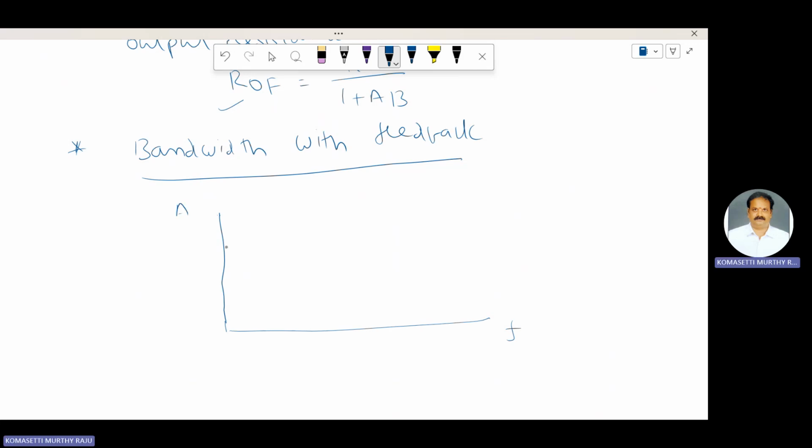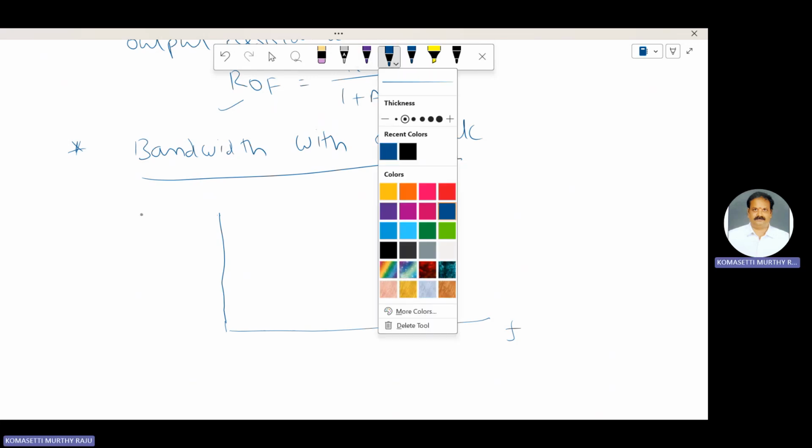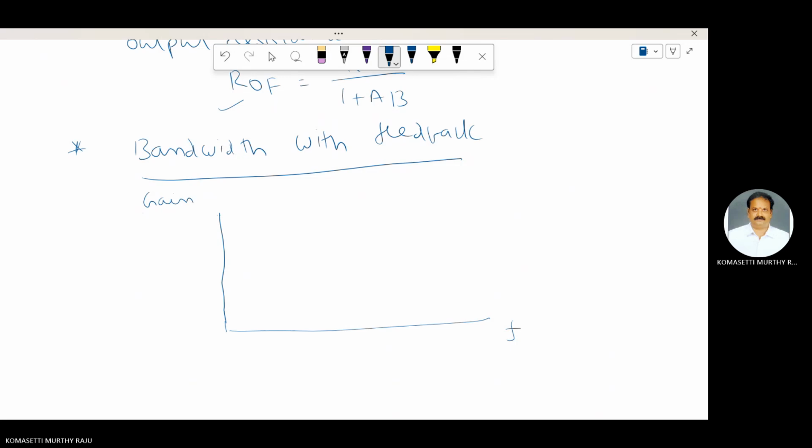For the 741 IC, the gain of the op-amp is 2 into 10 power 5. The characteristic curve is like that.